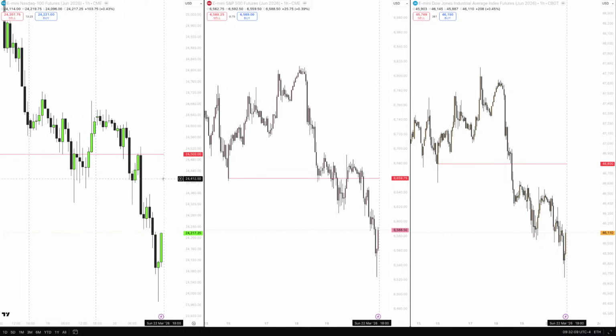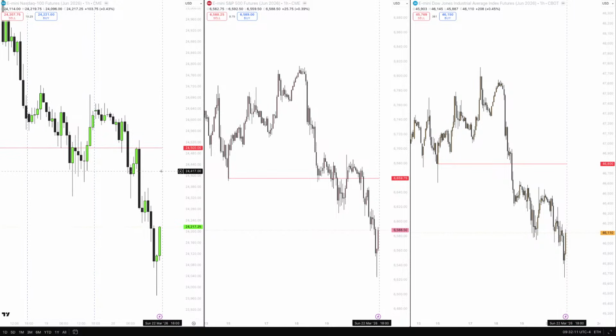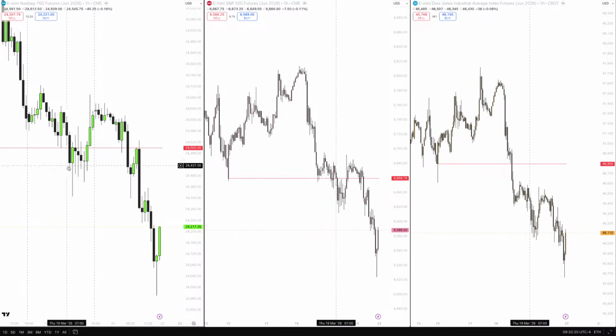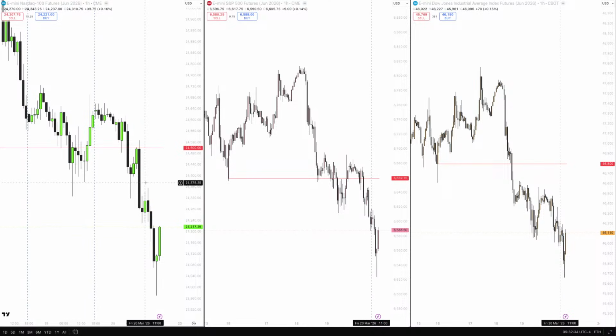One thing I consider is, are we above or below the new week opening? So whenever we are below the new week opening, then it is good for longs, and whenever we are above the new week opening, then it's good for shorts.